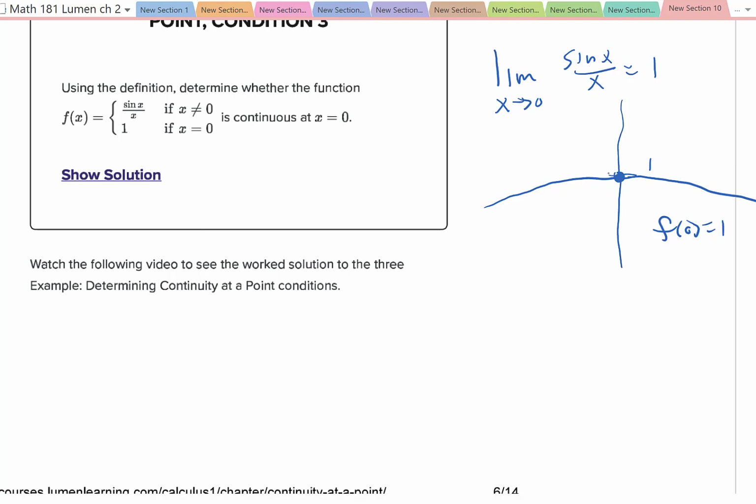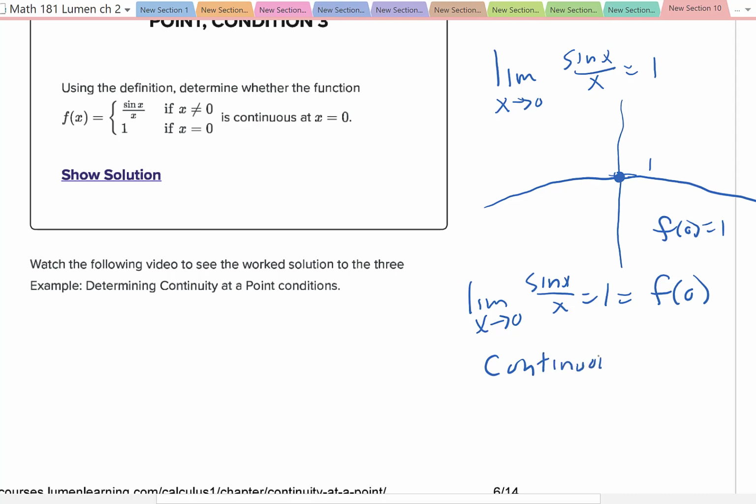So we don't have a big jump, we don't have a hole, and the limit as x approaches 0 of sine of x over x equals 1, which equals f of 0. So the limit exists, or it is continuous, I should say. Yay.